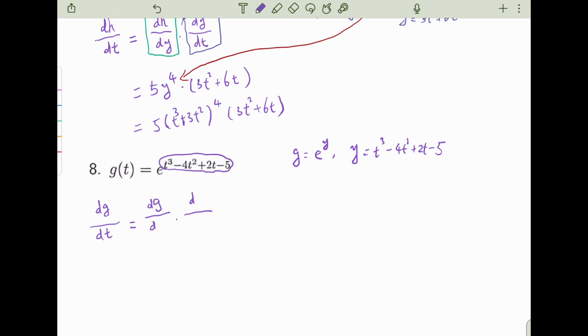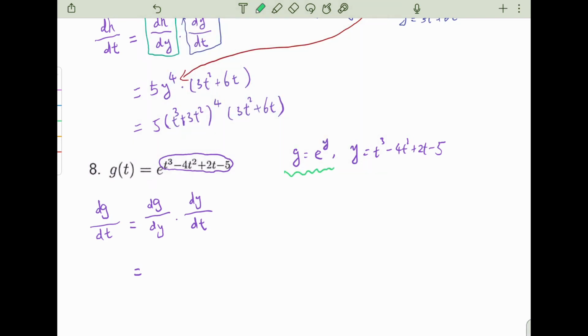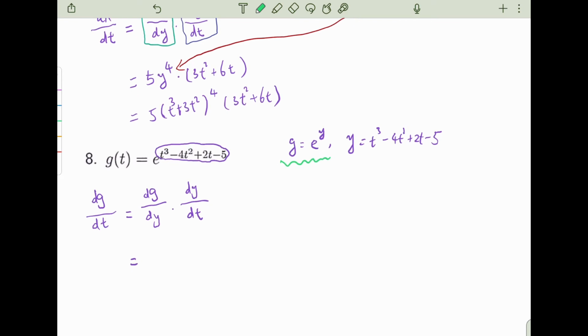Let me write that clearer. dg divided by dt. So for dg/dy, we look at this expression, the exponential function, so the derivative is just e to the y. And for the next one, dy/dt, we look at this expression.